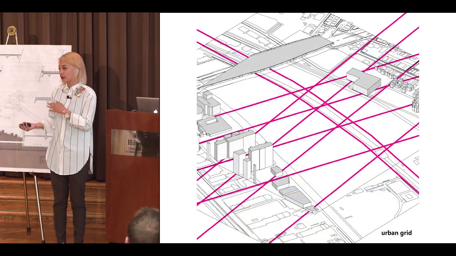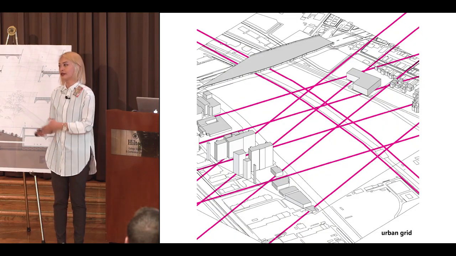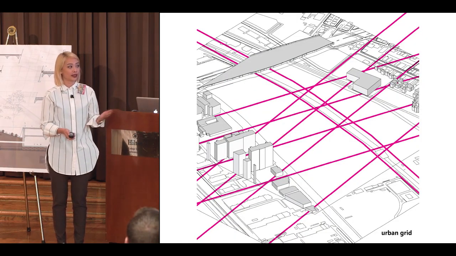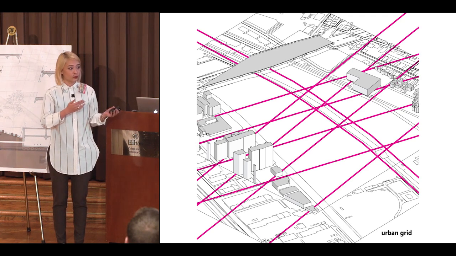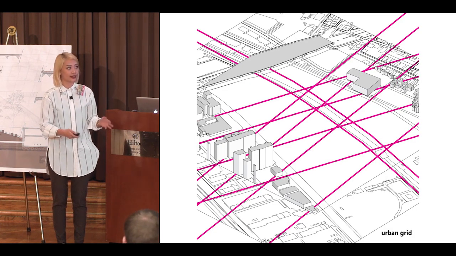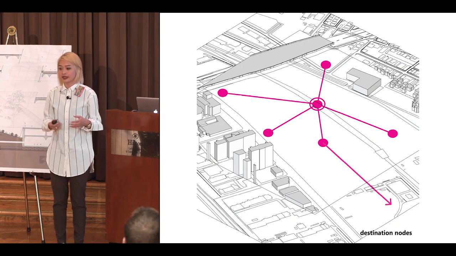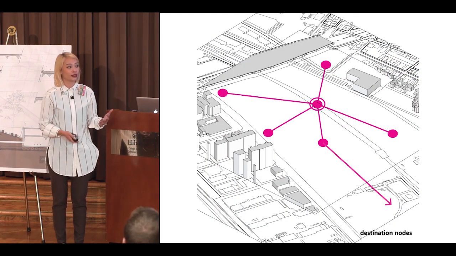And so this project has two parts, the development of a master plan and then the building itself, which is the station. And so with the master plan, what I did was I continued the existing urban grid through the site to keep it connected. And then to maximize the advantages and the size of the site, I created destination nodes within that.